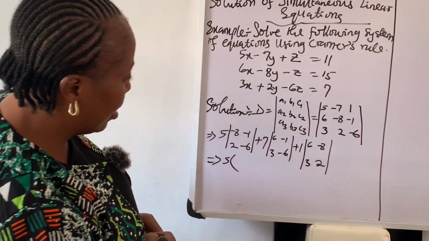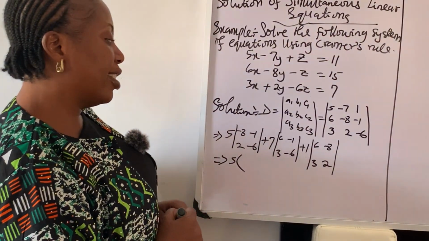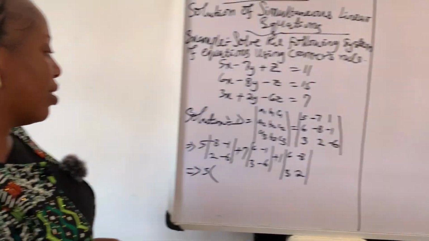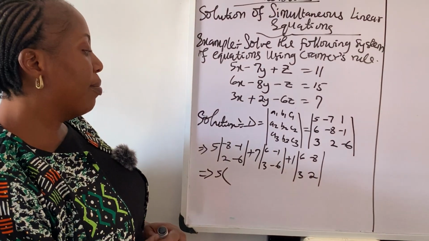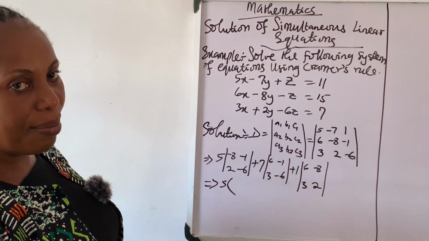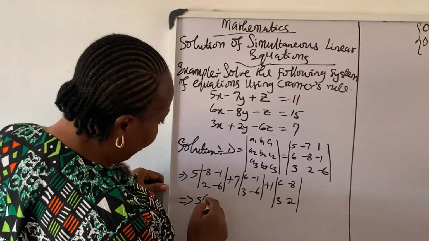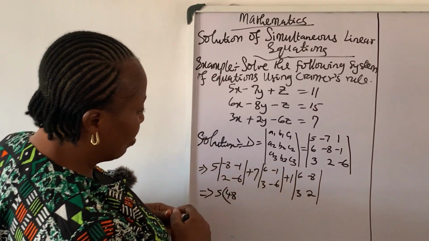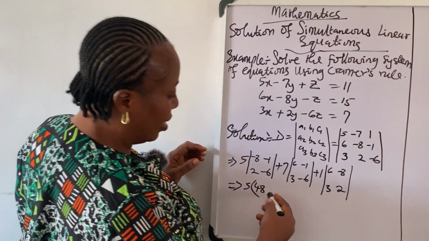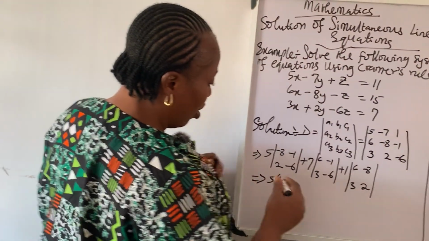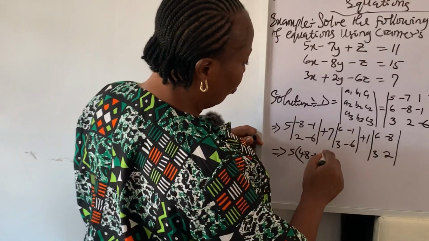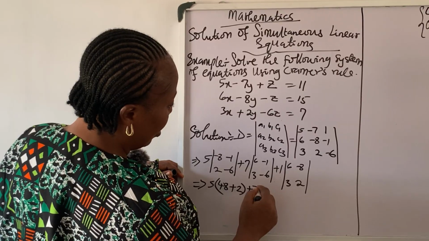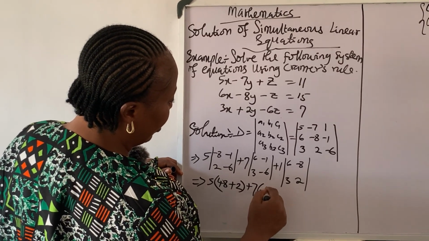-8 times -6 is +48, because we were taught that minus times minus is plus. -1 times 2 is -2. Remember, there's an already existing minus here, so it becomes +2. We go 6 times -6, which is -36.